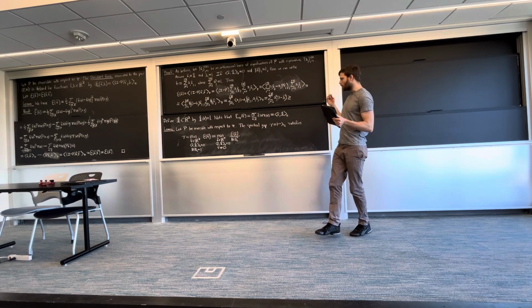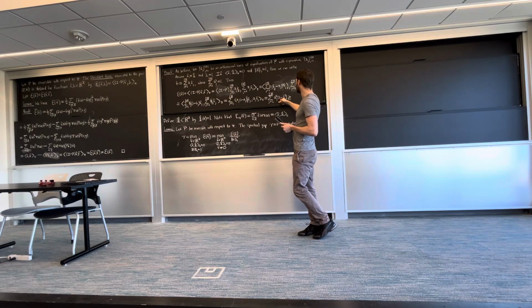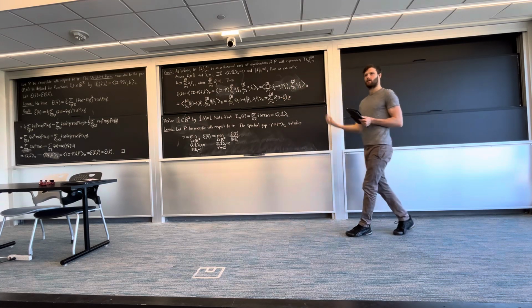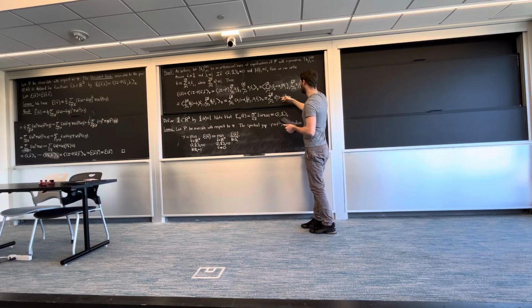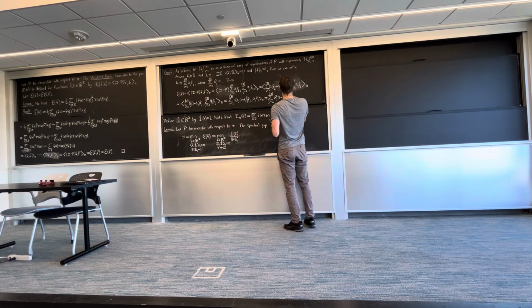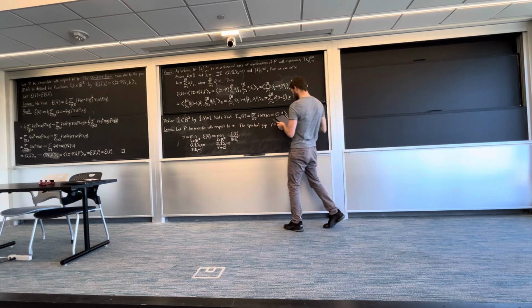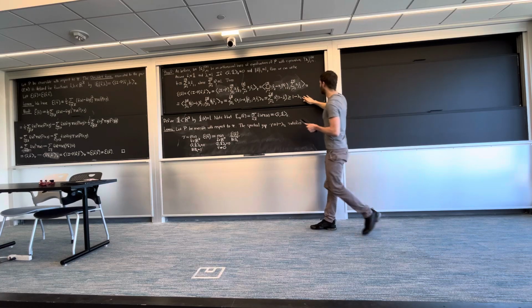Because if you replace all of the 1 minus lambda j's with 1 minus lambda 2, that's going to make every term smaller. So then you just get the sum of aj squared, which is 1. So this is at least 1 minus lambda 2, which is the spectral gap.